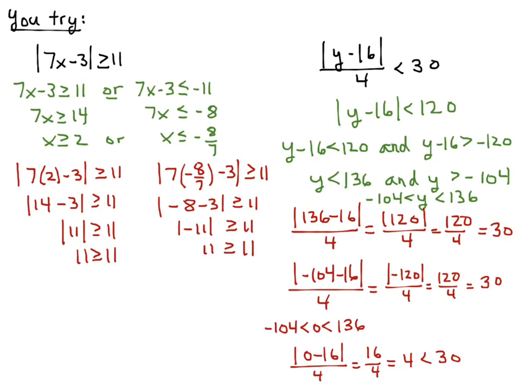Just point out the fact that this is always true, therefore this has no solution. All right? And actually, if you just stop and write no solution, I'll see that you caught it. So you don't really even have to explain it, although be aware that that's why it is the way it is.